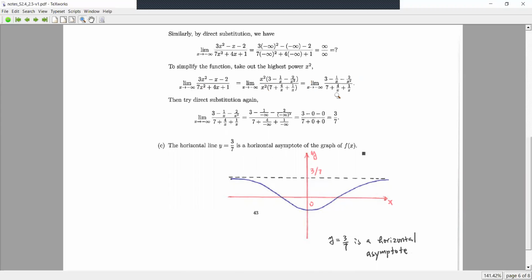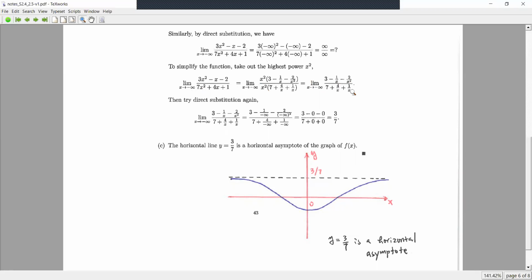Now, this limit should be easy to tell. As x approaches negative infinity, 1 over x approaches 0. 2 over x squared approaches 0. 4 over x approaches 0. And also 1 over x squared. Again, a typo.